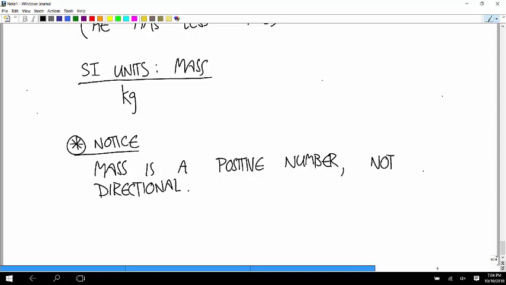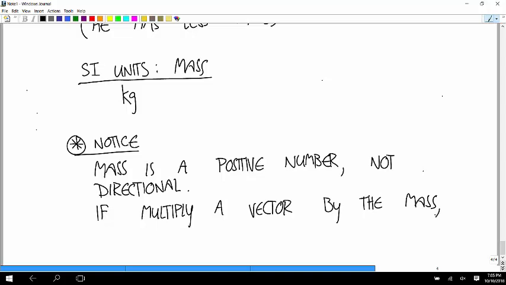When you multiply the mass to that, what direction is the vector that you get? Same direction. Multiplying a vector by a positive number doesn't change the direction. So if you multiply a vector by the mass, the direction is unchanged.